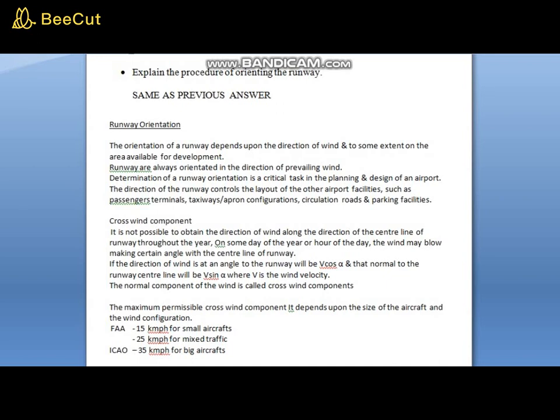Procedure for orienting the runway. We can also write about runway orientation. The orientation of a runway depends upon the direction of wind and, to some extent, on the area available for development.